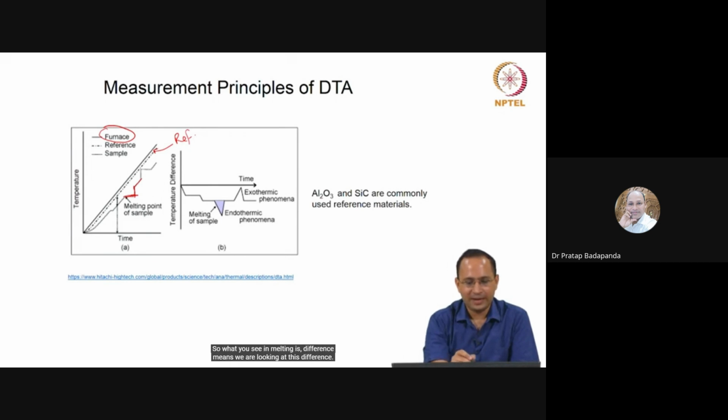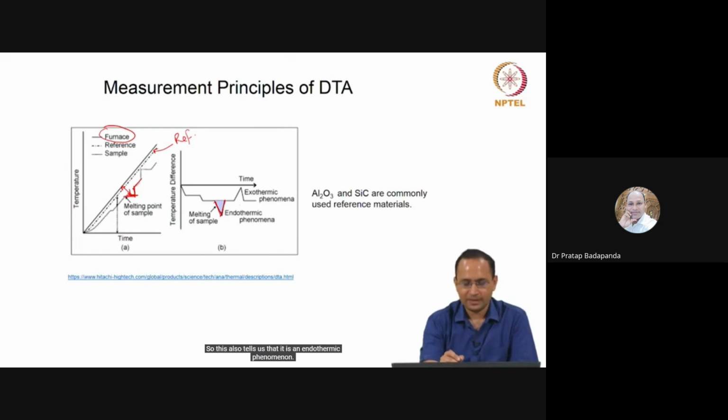What you see in melting is this difference, the difference between reference and sample. When something is melting, you see the difference increasing, and we plot it this way. Once the melting is completed, the difference has decreased.